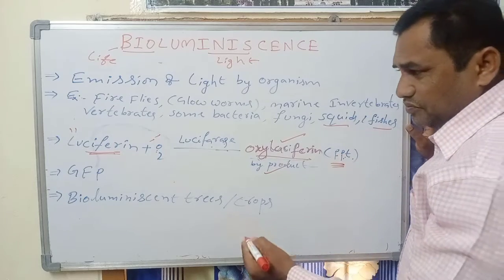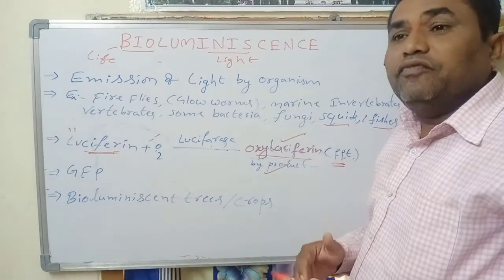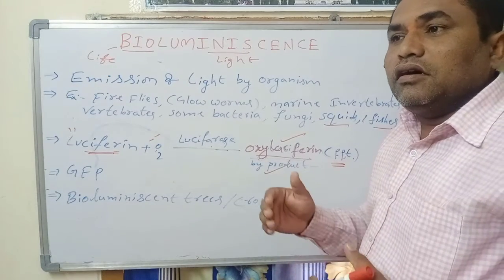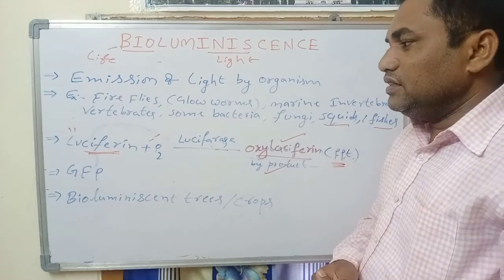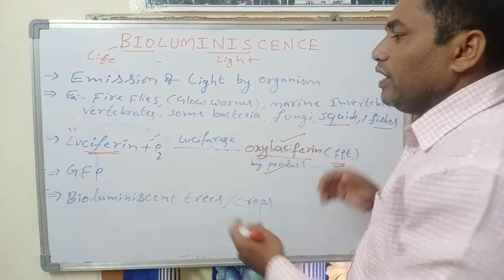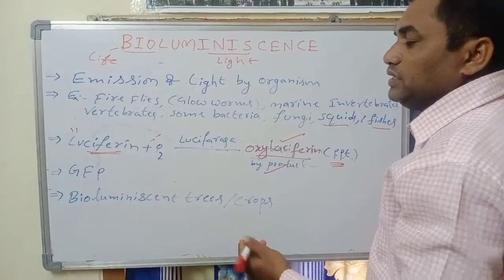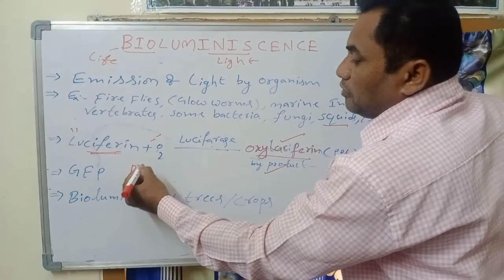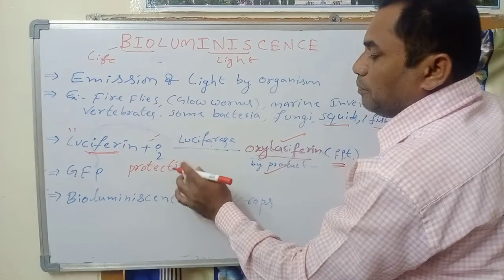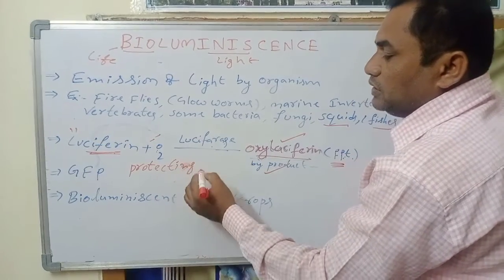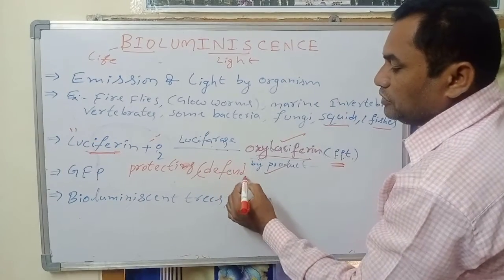So here, for which purpose can some of the living things emit the light? It is important. Mainly they produce light for their protection. This is called defend. Defend means protection.